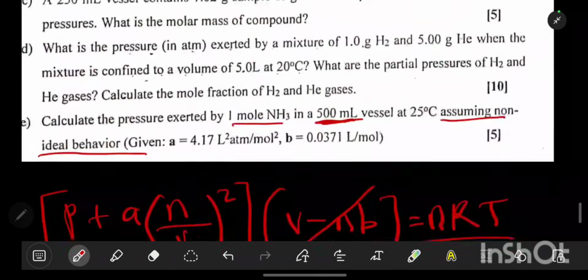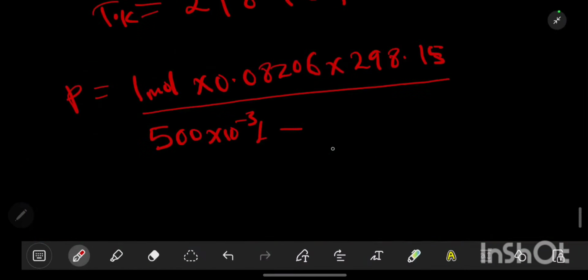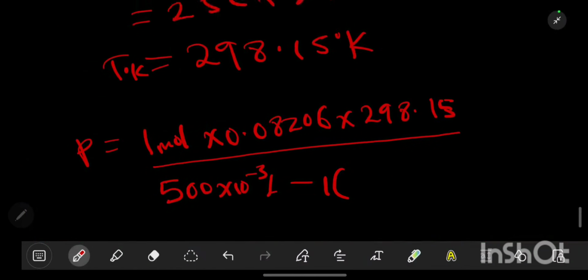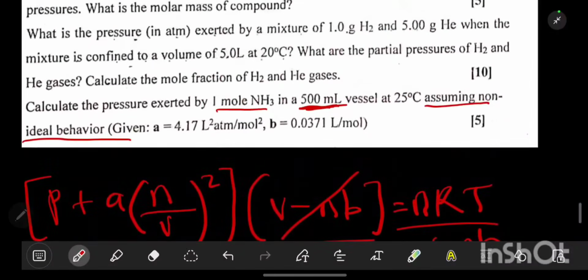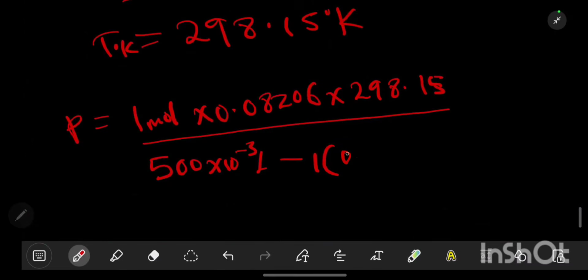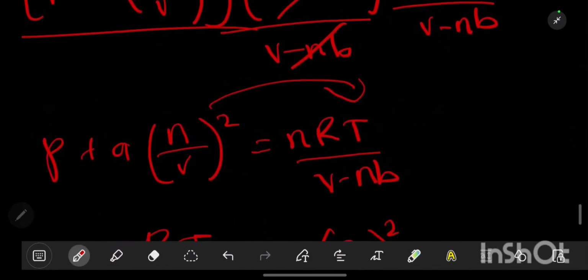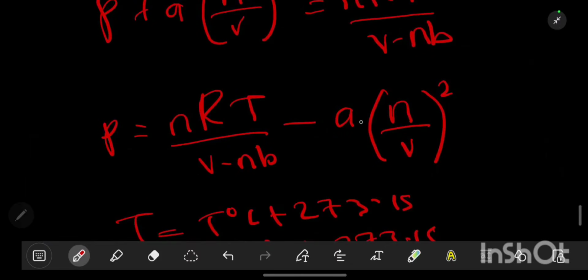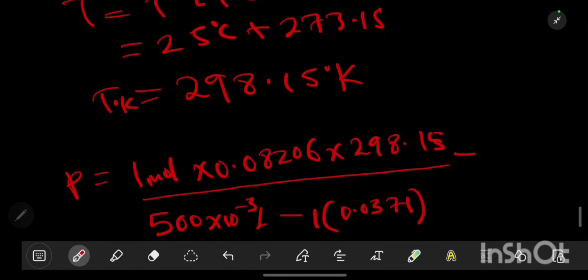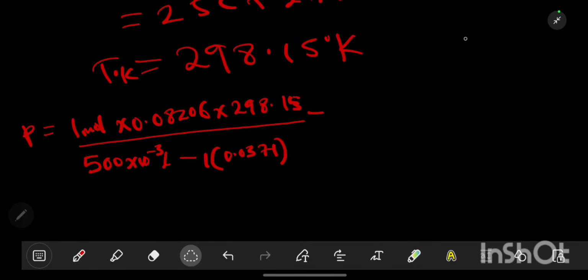our number of moles. So our number of moles is equal to 1, times our b. So we have our nb. Our b is equal to 0.0371. Then we subtract minus our a over, which is this part. So let me reduce the font.